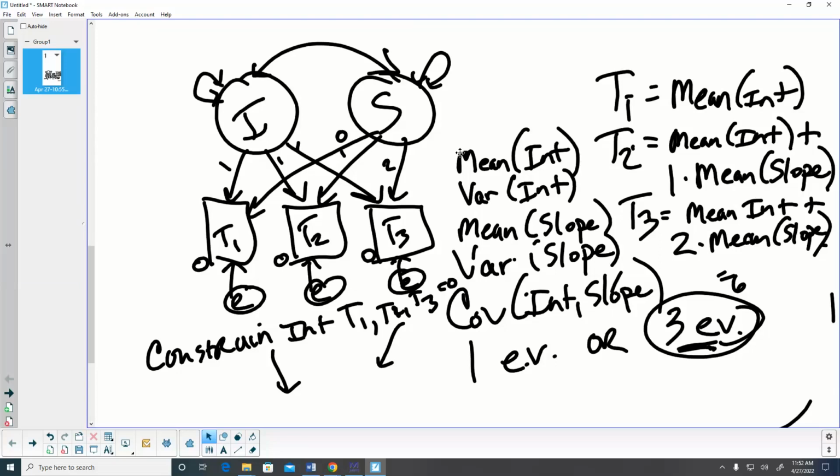So just think about that. Let's think about the measurement part of the model. If you have 15 observed variables, how many unique elements are there in the variance covariance matrix? 15 times 16 divided by 2, which is 120. Are we estimating anywhere near 120 parameters?